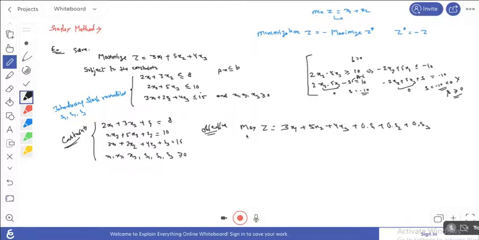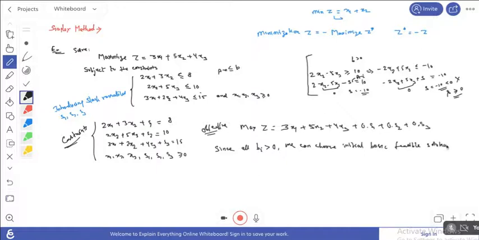First of all, we have to check that all our bi's are greater than or equal to 0, so we can choose the initial basic feasible solution. Since all these bi are greater than 0, you can choose the initial basic feasible solution.